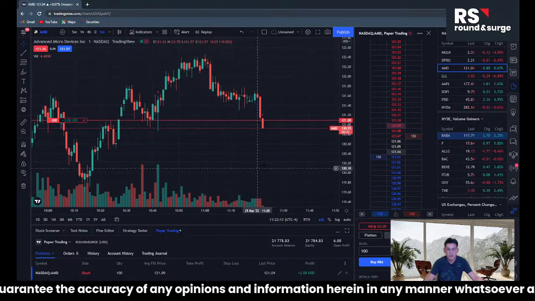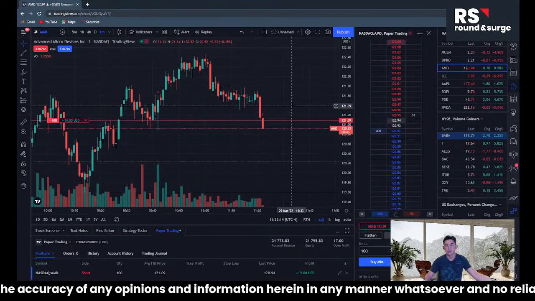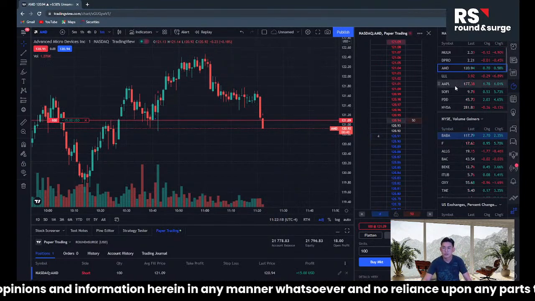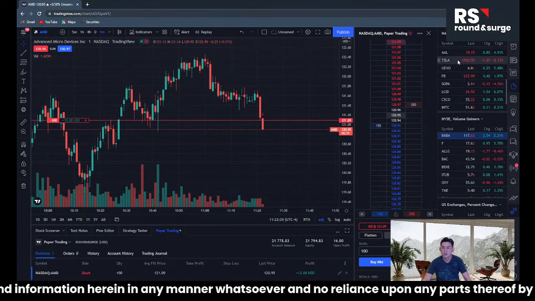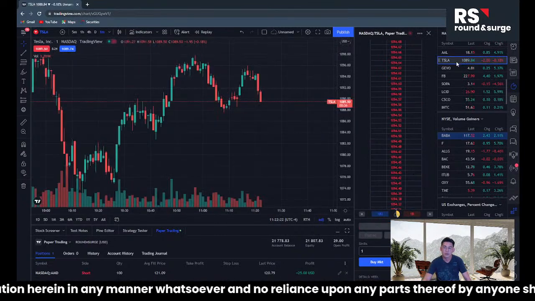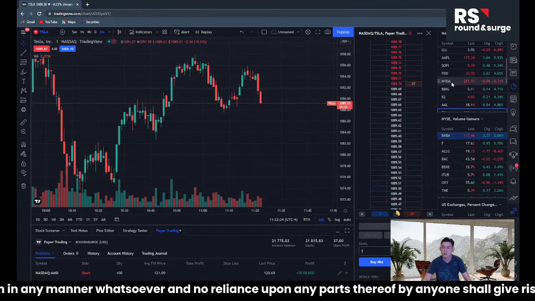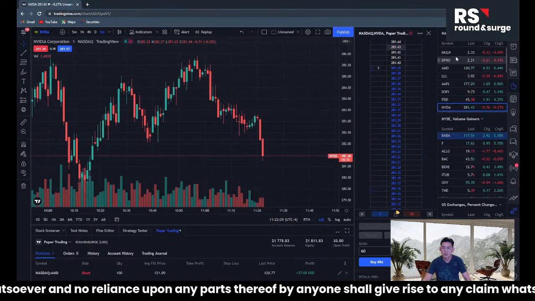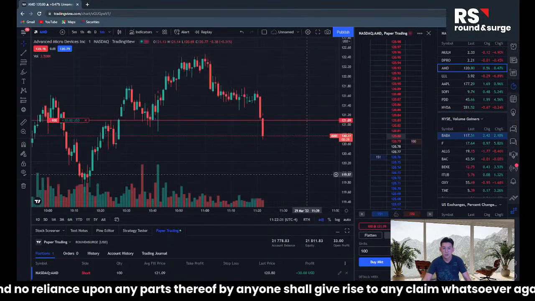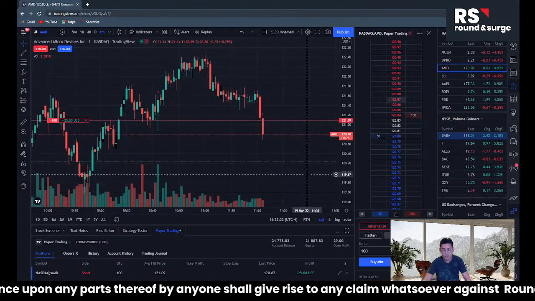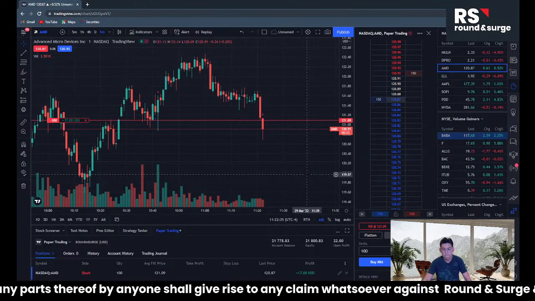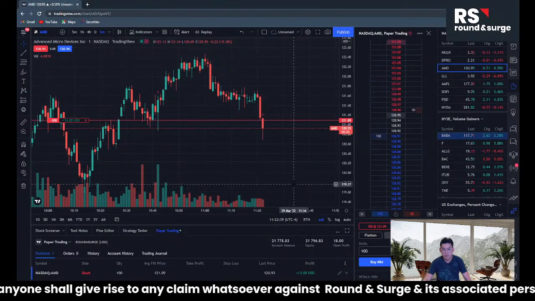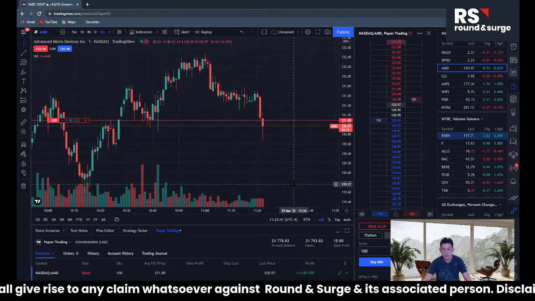And reversal is done. So right now it's going downwards. Tesla also going downwards. Okay, AMD. Come back to AMD first. Let's check it out. See, volume is higher than the previous candlestick or not.